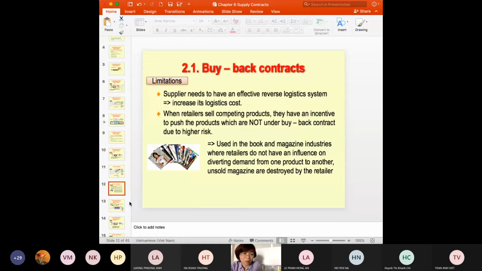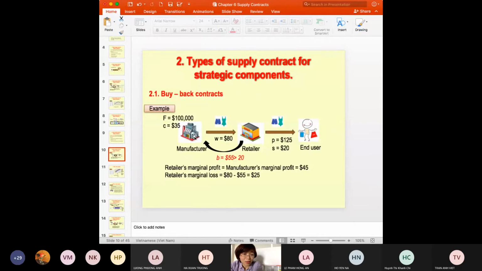So I just showed you the advantage of the buyback contracts. But what is the limitation of the buyback contracts? If you look at this, from the retailer you buy back for the manufacturer, you must pay for reverse logistic cost, like transportation cost or holding cost.